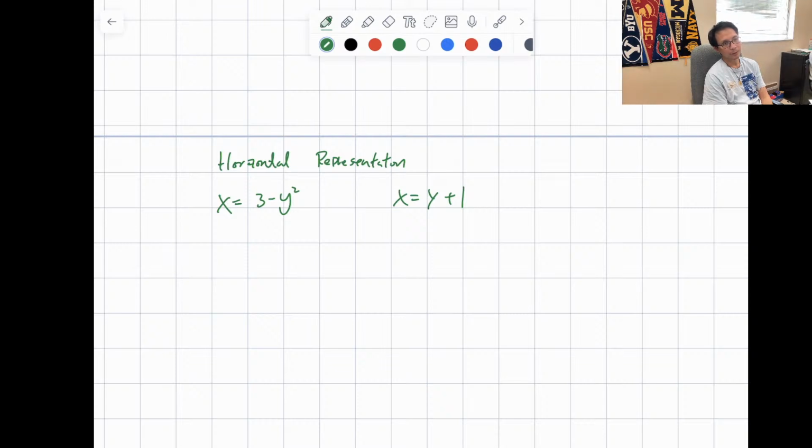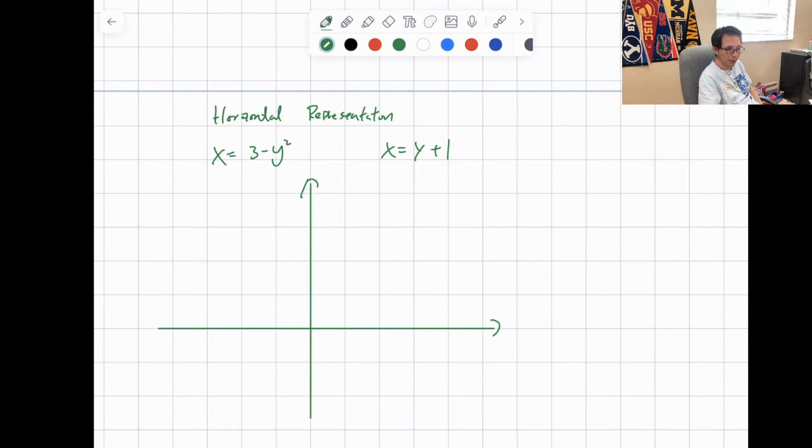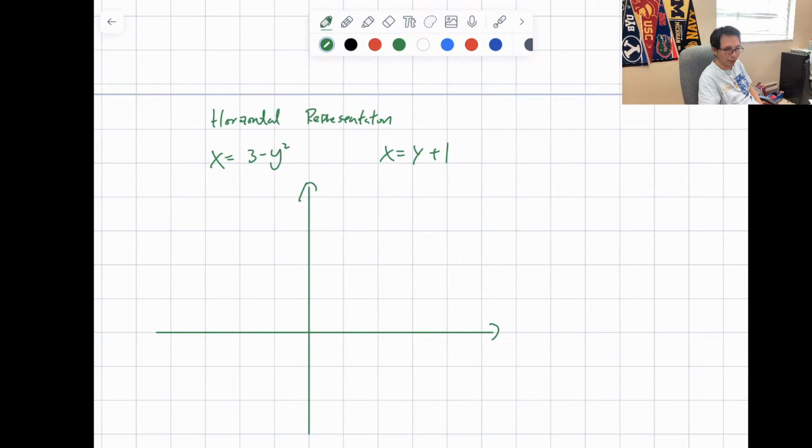So x squared faces up or down. This y squared is going to face right or left. Since it's negative y squared, this graph is going to look like a parabola facing left and shifted in the right direction by 3. So it's going to be something like this.